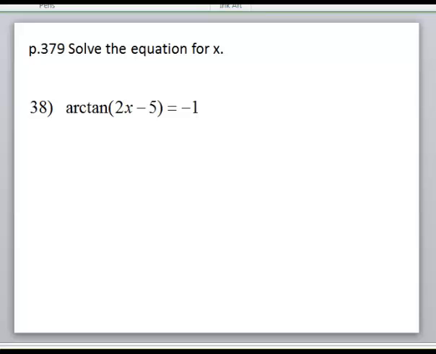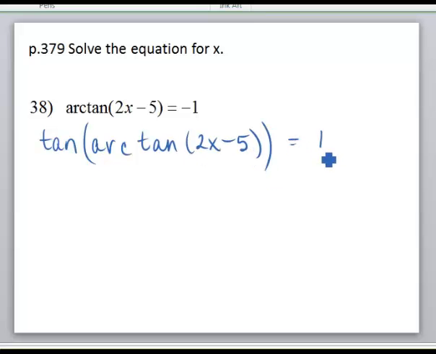Alright, in this problem we're going to solve for x. I'm going to get rid of this tangent inverse, because that's really what it means, by finding the tangent of both sides. So I'm going to write the word tangent on both sides of the tangent inverse of negative 1.